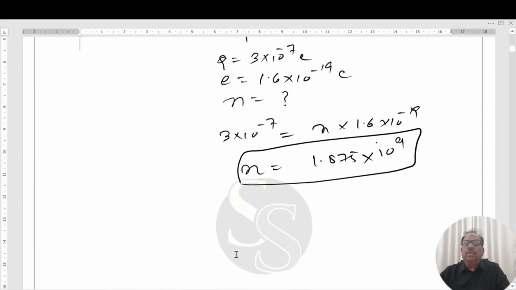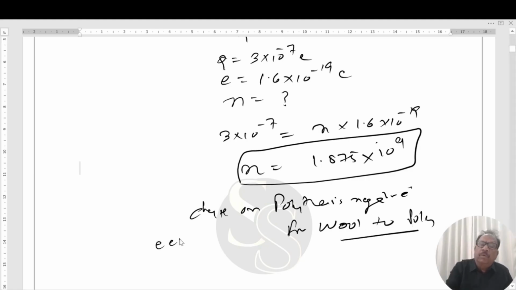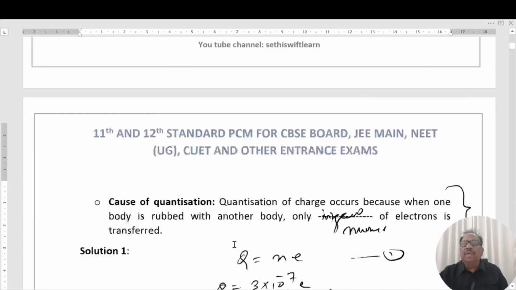The charge on polyethylene is negative, which means electrons will be transferred from wool to polyethylene.